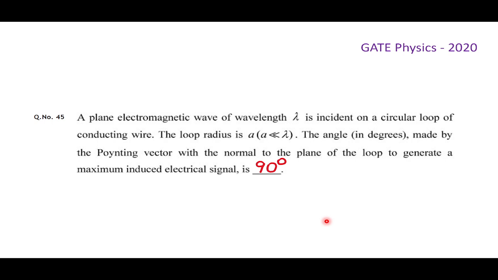Now, if your loop radius is comparable to or much bigger than lambda, then 2 pi by lambda times your path difference will be significant, right? But here the size A is very much less than lambda. So your phase difference between 2 points will be of the order of 2 pi by lambda times A. And now A is very much less than lambda, so your phase difference is negligible between 2 points. And that will not make any difference in the induced EMF across the conducting wire. So it will be uniform. Is it clear? Okay.